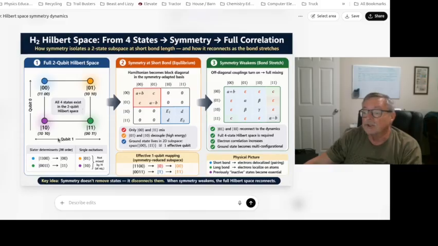Well, that's what's shown down here: 1100 can be captured by 2 qubits, 00 and 11. So there's your 2 qubits. But by symmetry and at short bond equilibrium, these are the only 2 that show up. We don't see the 0, 1 and 1, 0 because of symmetry and because of entanglement.